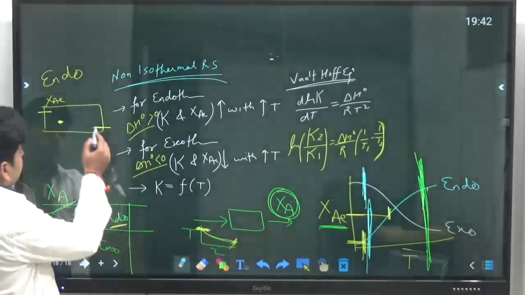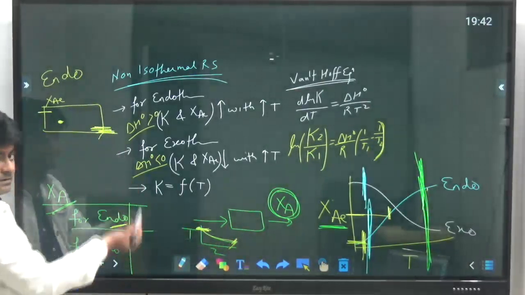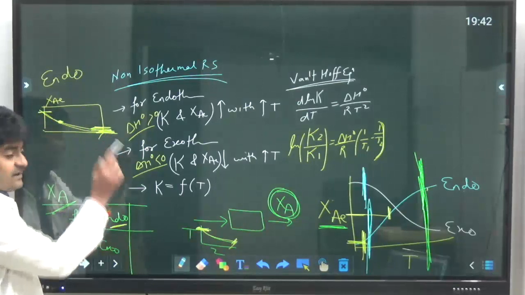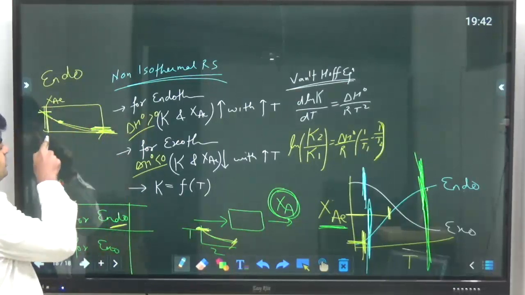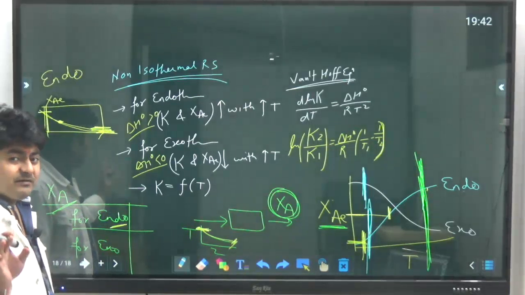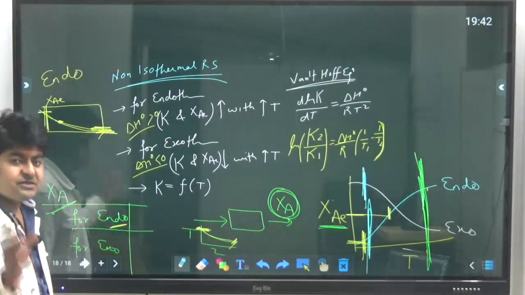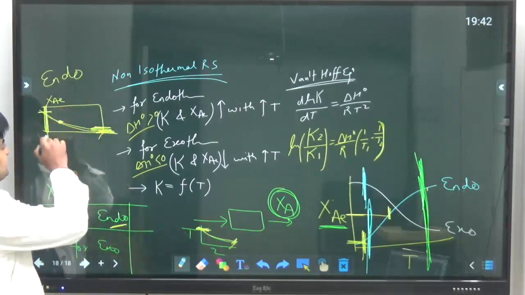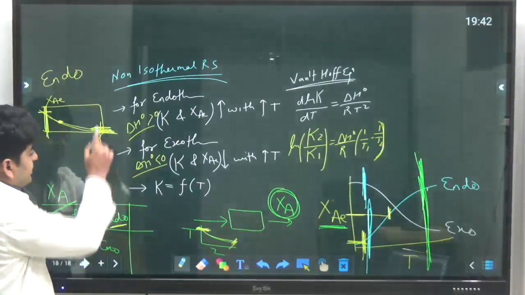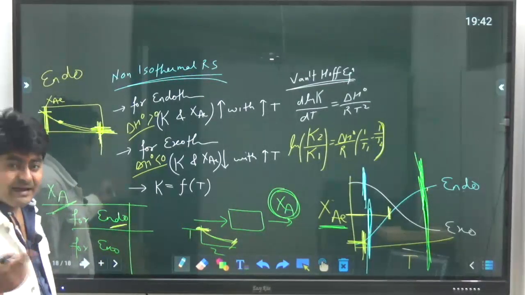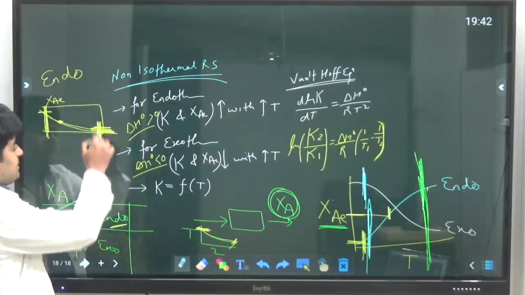It means along the length equilibrium conversion is decreasing. Here we have the highest equilibrium conversion, means highest number of molecules reacting at this point. Lowest equilibrium conversion means lowest number of molecules are reacting at this point.